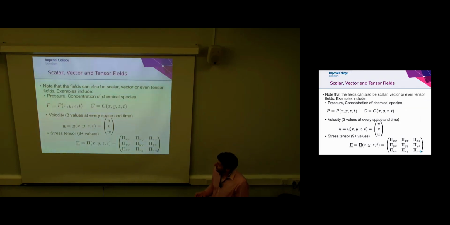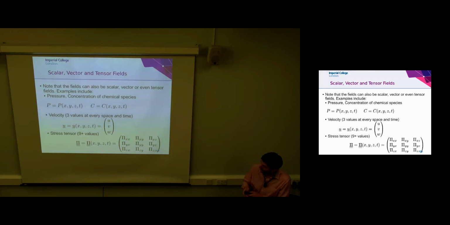One other thing I just wanted to mention in passing, just so I can link this back to the Navier-Stokes equation, is that when we talk about two-dimensional fields, for example, we've only talked about scalar fields. These are fields that at each point in space have a single value, like pressure, for example, or concentration of a chemical species. For something like the Navier-Stokes, it's actually a vector field, which means that at each point in space there are 3 components of velocity. You have this concept of streamwise velocity or wall normal velocity.